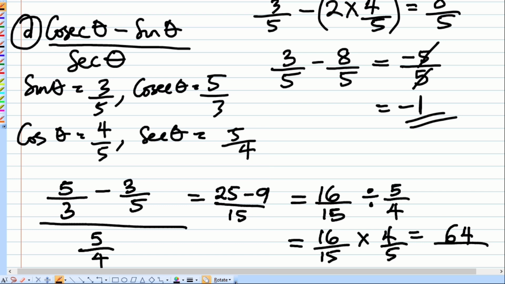Over 5 times 5 is 25. 5 times 1 is 5 plus 2, 75. Since this is a proper fraction and nothing can cancel, we just leave it as our answer. So our answer is 64/75. So that's it. That's how to solve.